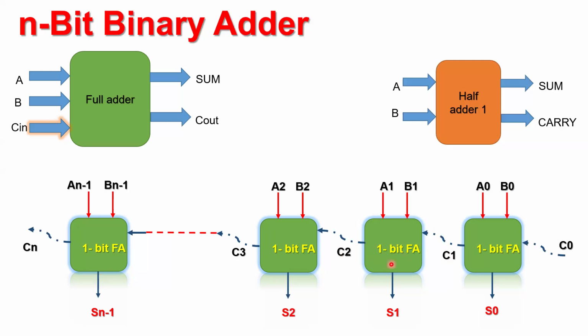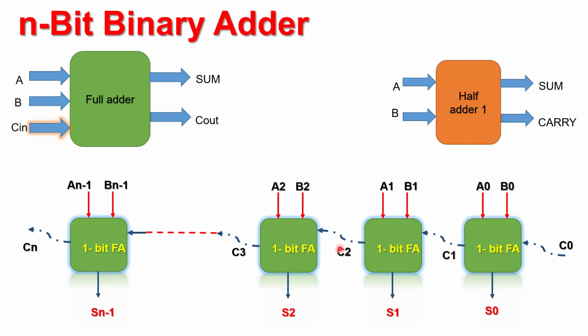Unless C1 comes here and gets processed inside this circuit, you have to wait for the sum output. Similarly, the outputs are then presented here. This carry ripples to the next stage. So your carry gets rippled or propagated from one stage to another, and that's why it is a series addition. So it is an n-bit series adder.